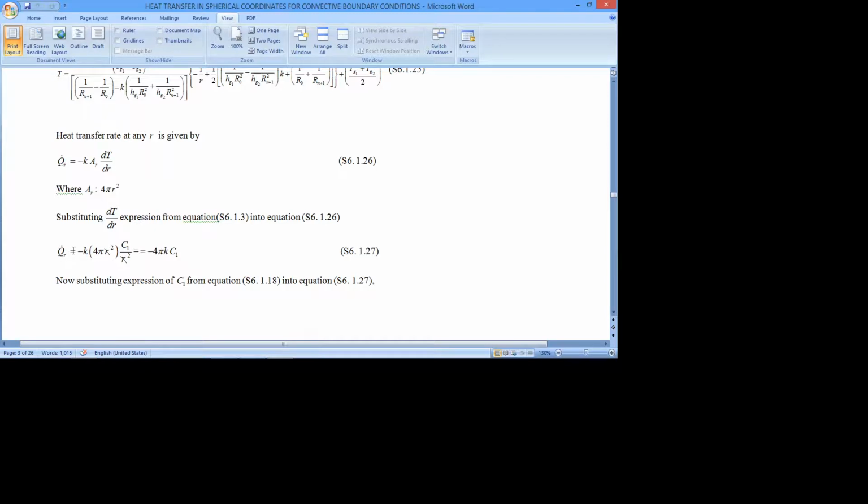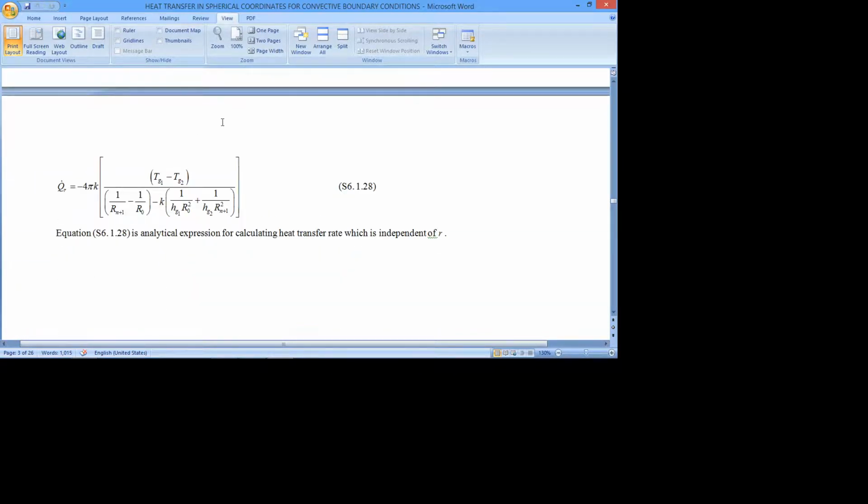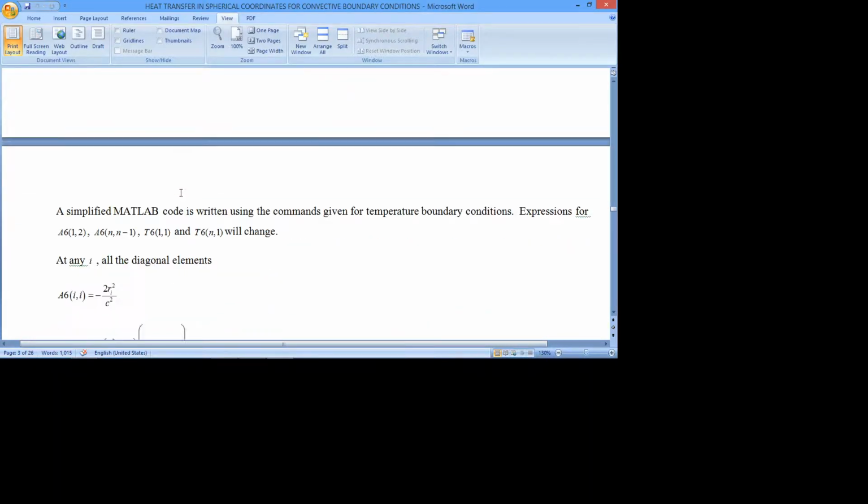The heat transfer rate comes out as minus 4 pi K C1, which is independent of R. So you know the C1 constant, substitute here. This is the analytical expression to calculate the heat transfer rate.